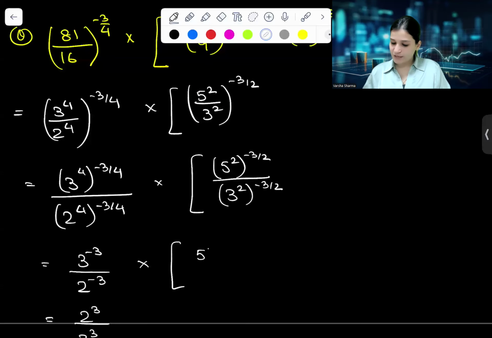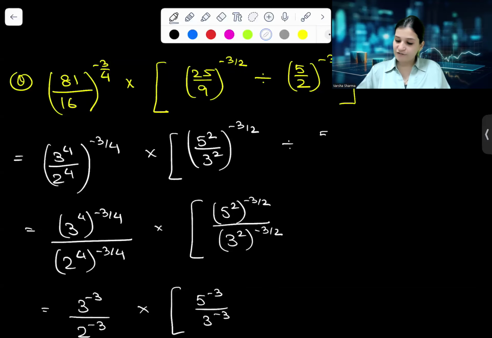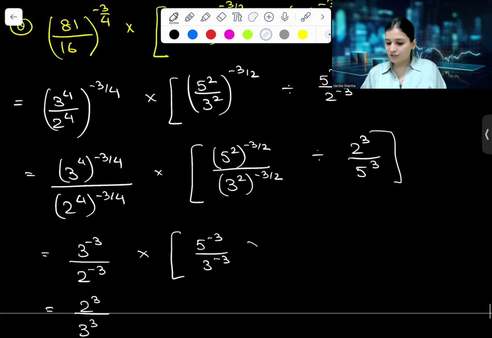Here I'll have 5 power minus 3, 3 power minus 3, now divided by 5 power minus 3, 2 power minus 3. Bringing them up, changing their position to make their powers positive. Now from division to multiplication, the terms change their location, they get reciprocal.